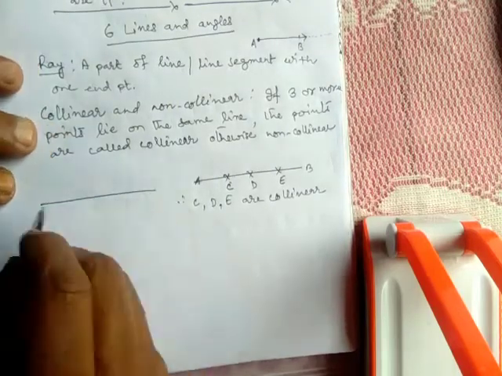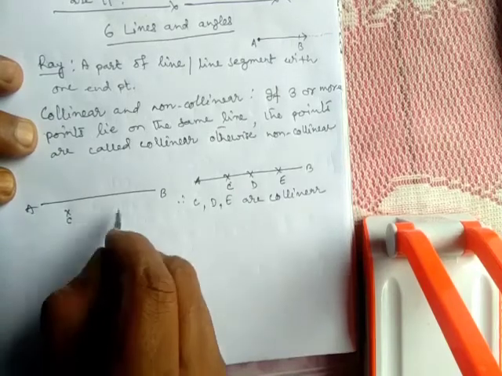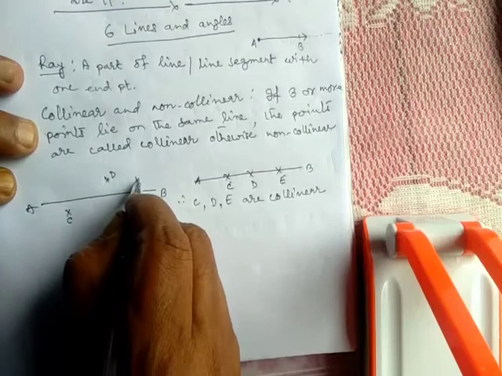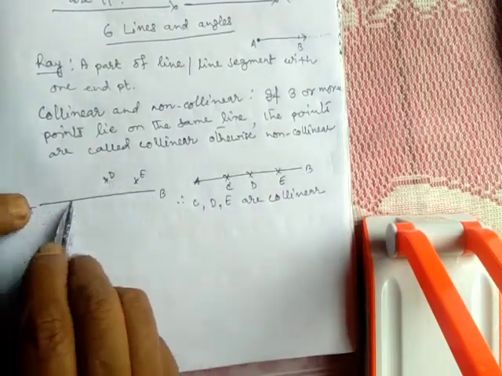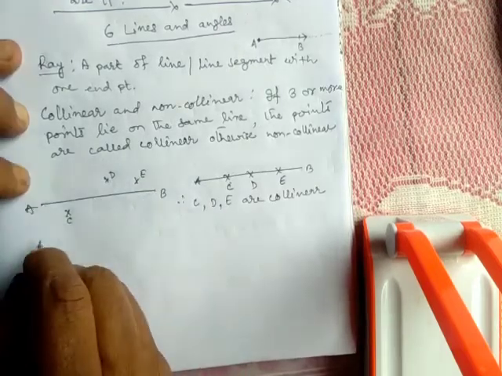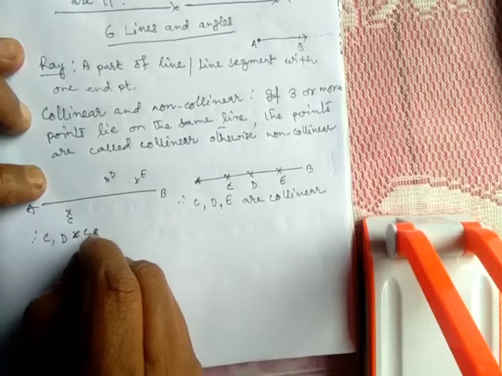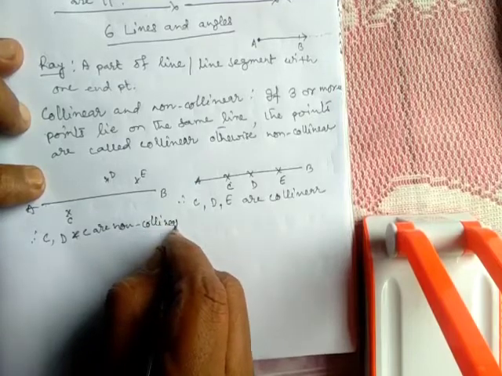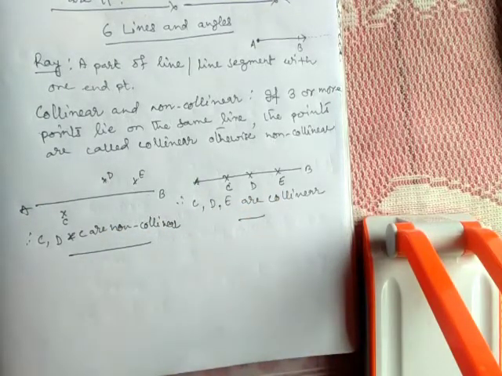Suppose on another line AB, I am drawing C, D, E. Then these points are not lying on the line, therefore C, D and E are non-collinear. Okay, this is the difference between collinear and non-collinear points.